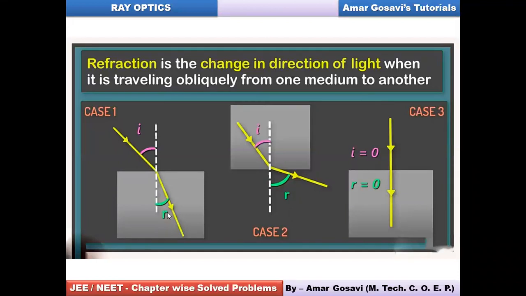Had it been the other way around, if the ray was traveling from a denser medium to a rarer medium, you see the ray of light bends away from the normal, thereby rendering the angle of refraction greater than the angle of incidence. If you all recall and remember this. All right, friends. So please make a note of it. Very important slide. And once you are done with it, please let me know.